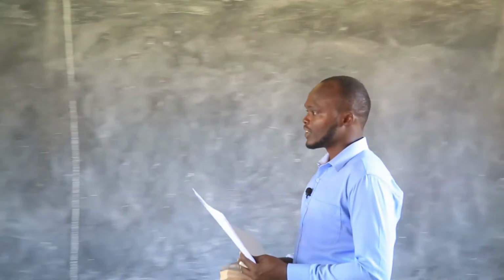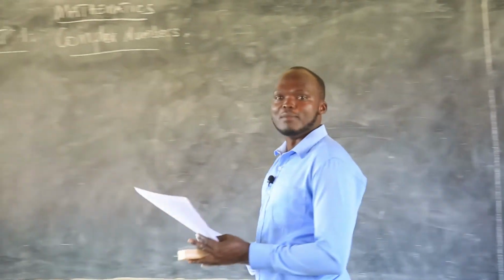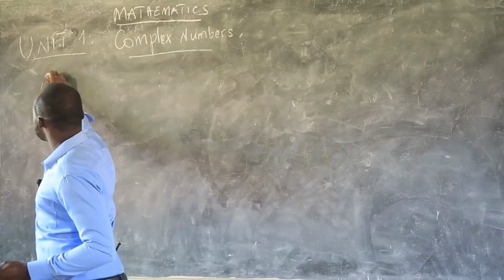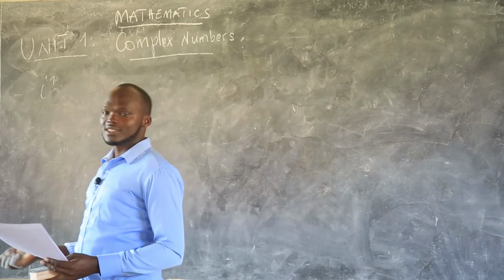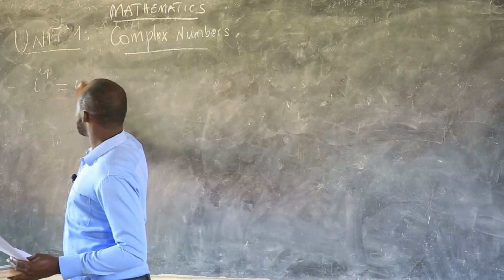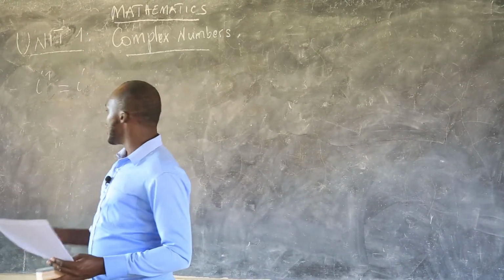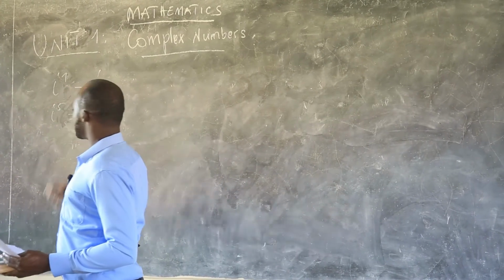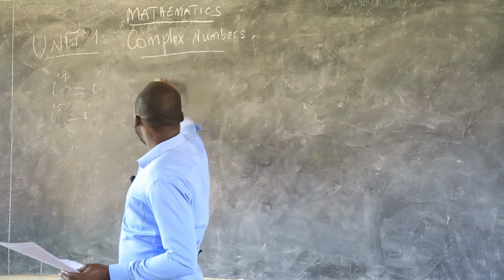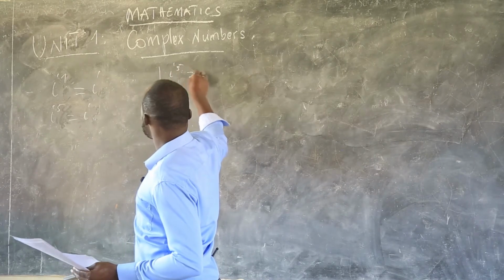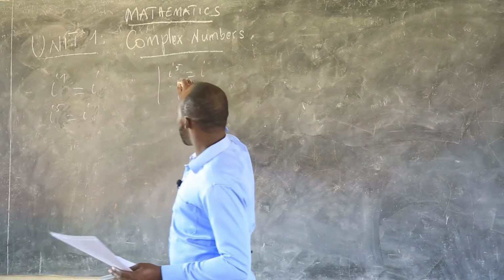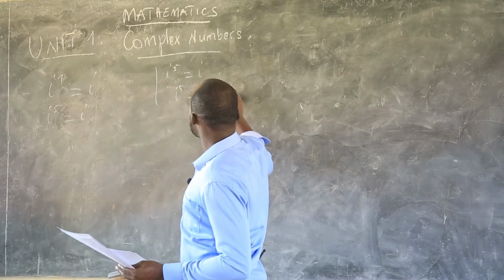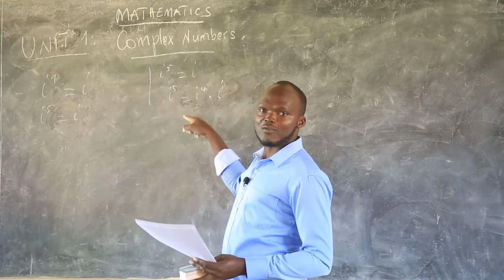Okay, then now, let us try to see if the remainder is not 0. For example, if the remainder is 1, what is i^1? i^1 is i. Then now, let's add 4. i^5 is i. How? i^5 is the same as i^4 times i. So what is i^4?